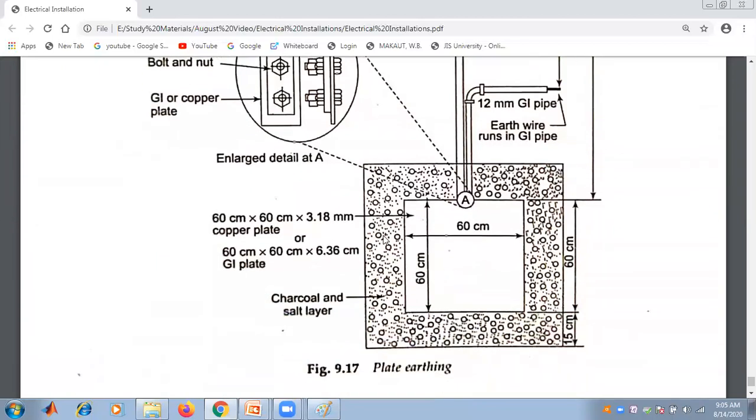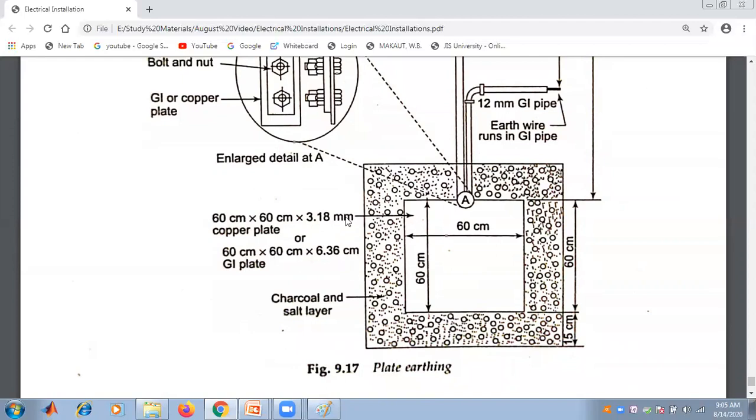It is given that there is a charcoal and salt layer of 15 centimeter. If it is a copper plate, the dimension is 60 centimeter into 60 centimeter into 3.188 millimeter, and for the GI plate, it will be 60 centimeter into 60 centimeter into 6.36 millimeter.